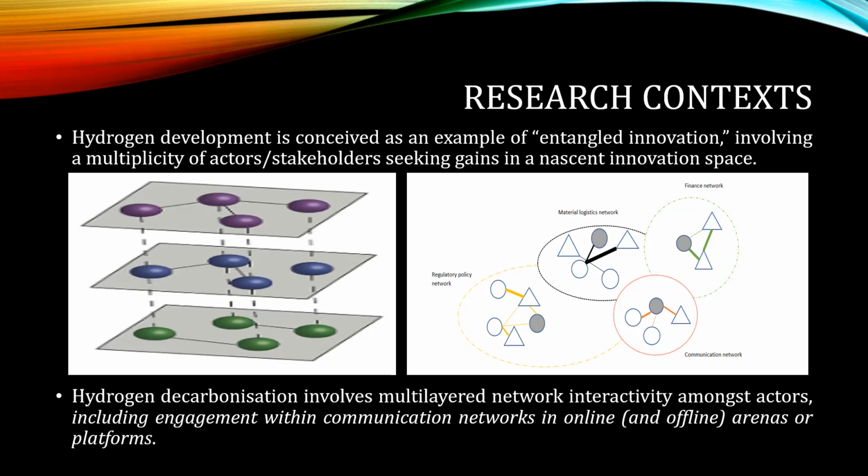The significance of the two figures that I present here is that the left-hand side is just a simple cut and paste out of a textbook on network theory, where multi-layered networks are treated as effectively separable. You have these different planes of network interactions, interlinked by the fact that given actors are co-present across these different layers or planes.